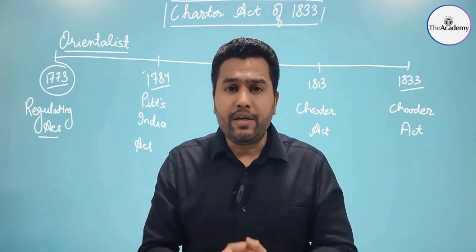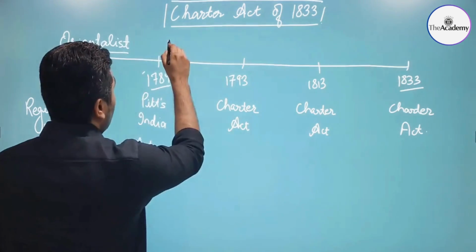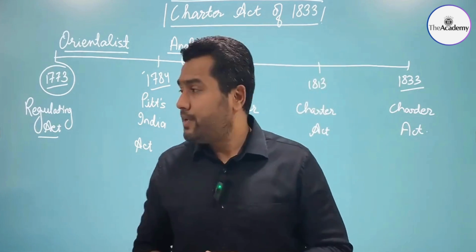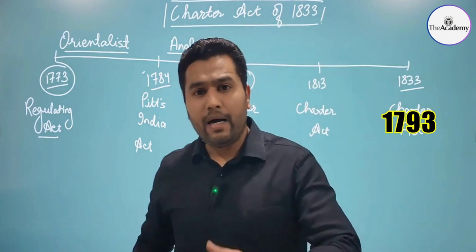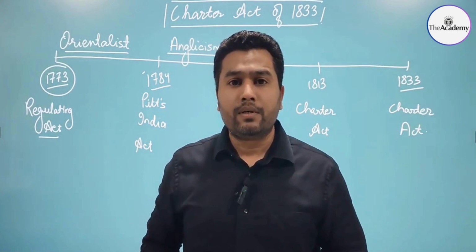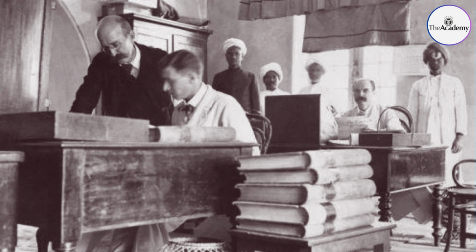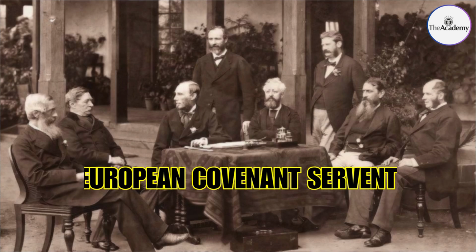He is known for upholding an ideology which is known as Anglicism, Anglicization. So Lord Cornwallis, via Charter Act of 1793, passed a resolution that all superior services above £500 per year would be reserved only for European covenant servants.